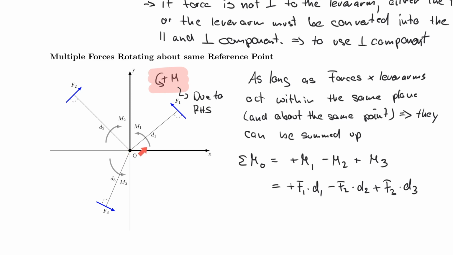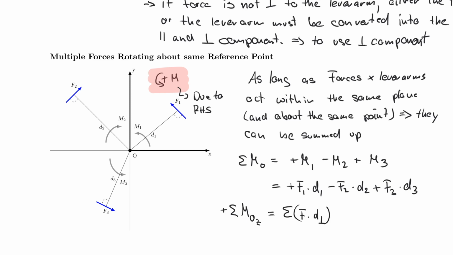And that is what this picture here tells you, because we are finding the moment about point O for all of these forces that all act in the two-dimensional plane. We can actually sum them up, and we can just do the mathematical sum for force times lever arm. So really what you will see later on is that the sum of the moments about a point O, and since we're talking about 2D, it will always be about the z-axis, is equal to the sum of F times D perpendicular.